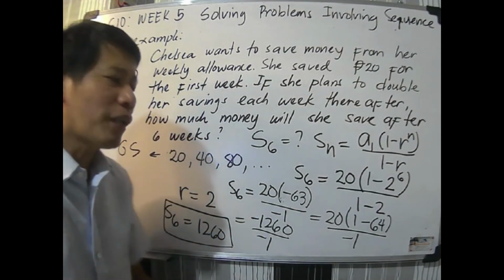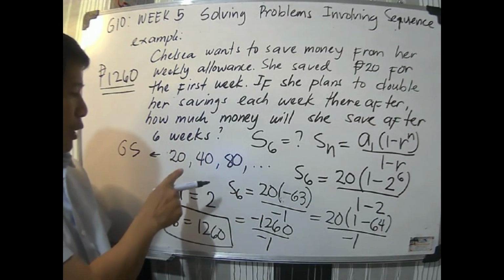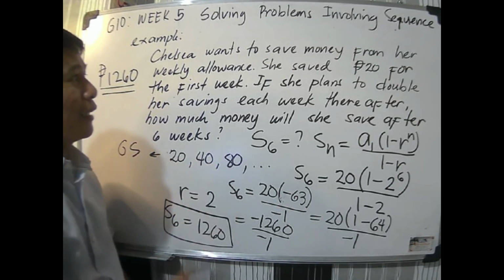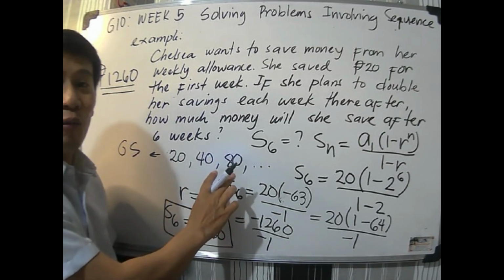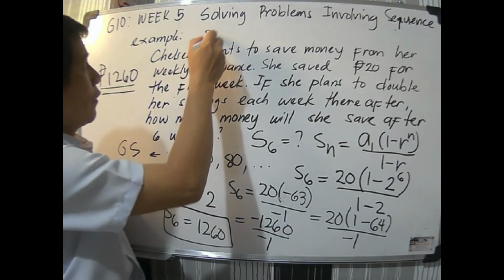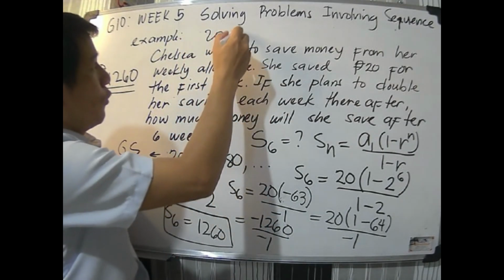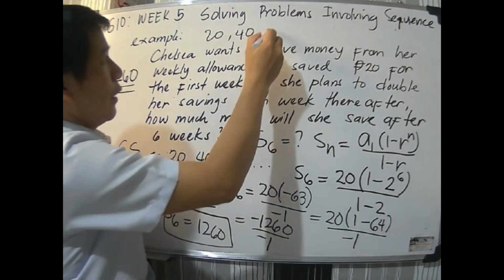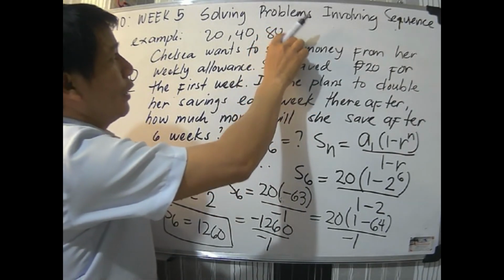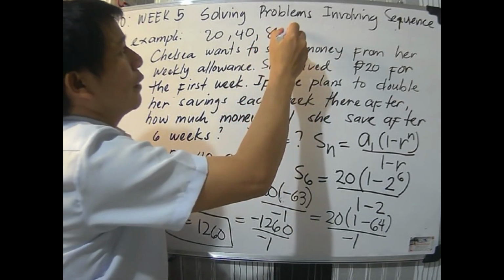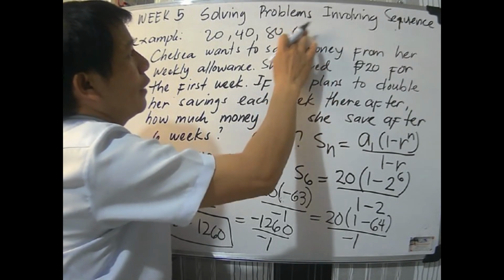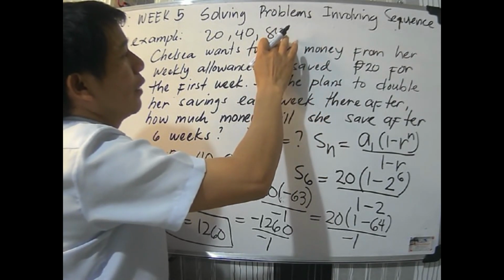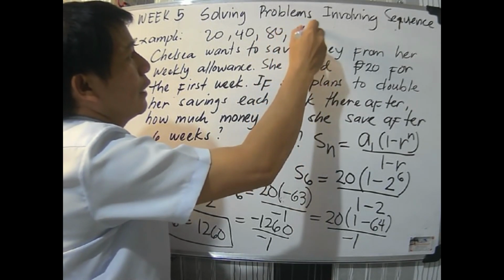So ngayon, actually, you can verify this, right? Pwede nyong ituloy itong sequence natin. Kung itutuloy natin yung sequence, so 20, okay, 40, 80. So after next times 2, you will get 160, since 80 times 2 is 160.